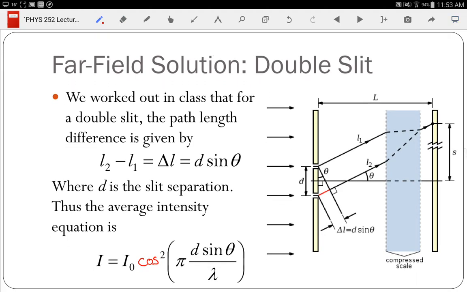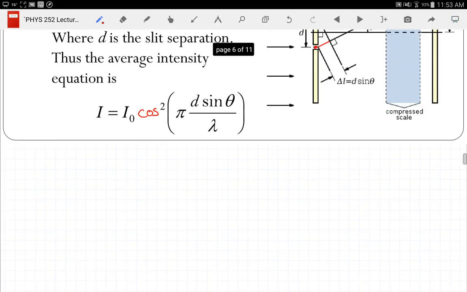So for our double slit, in the far field approximation, in the Fraunhofer region, we have two slits that are close together with a screen that's much farther away from the slits than the separation between the slits. If that's the case, then this triangle of the light that leaves one slit and hits point P and the light that hits the other slit and hits point P is essentially like this.